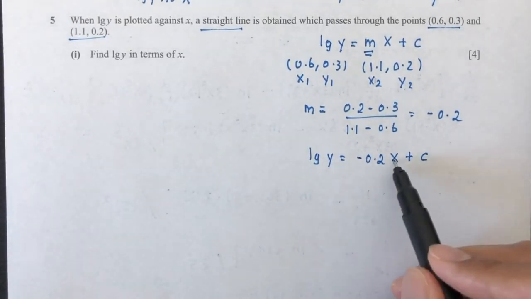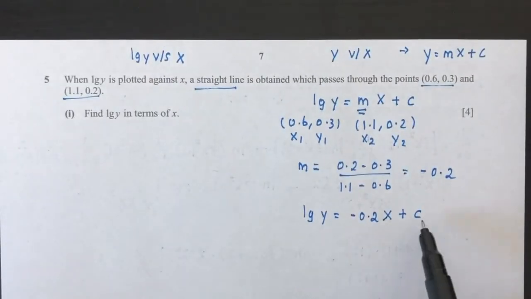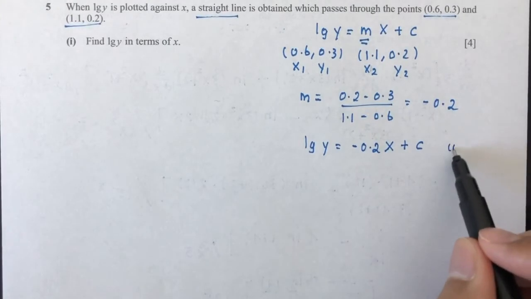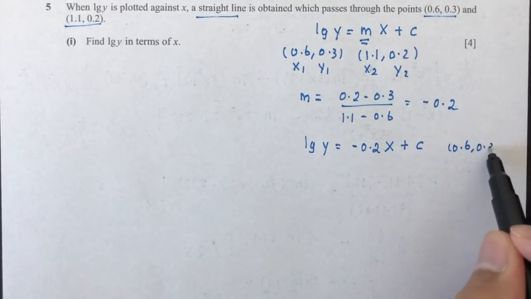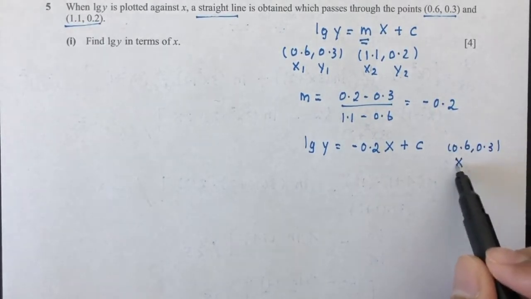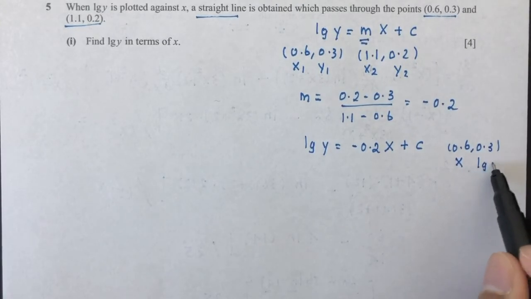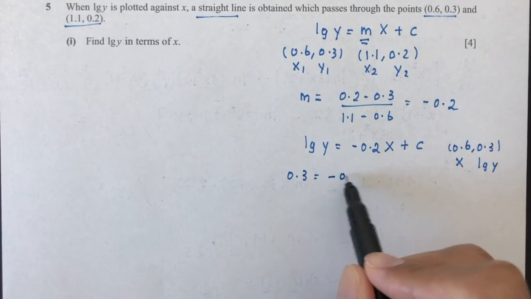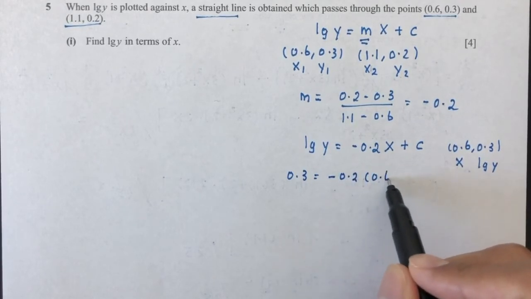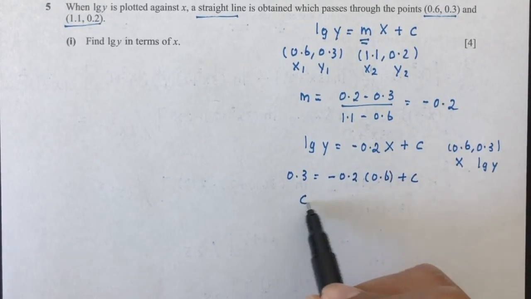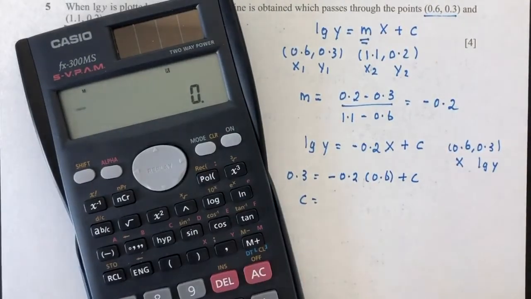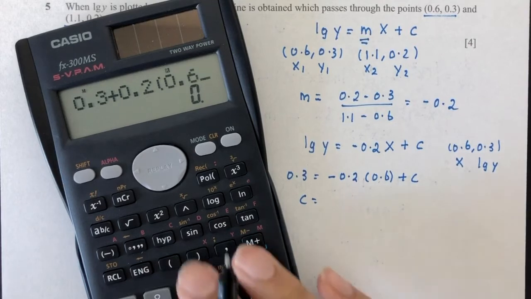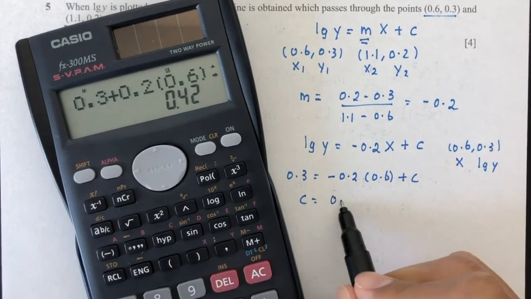So from this we can find the c. We can use one point. Let's use this point, 0.6 and 0.3. This will be x and this will be log y. So replace, we have 0.3 equals minus 0.2 times 0.6 plus c. So c will be what? c will be 0.3 plus 0.2 times 0.6. That will be 0.42.